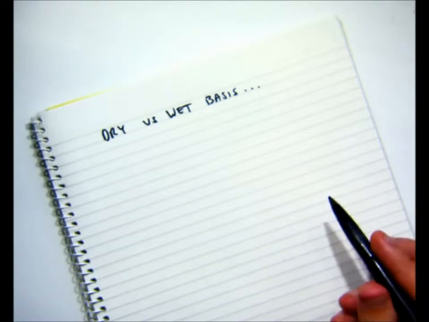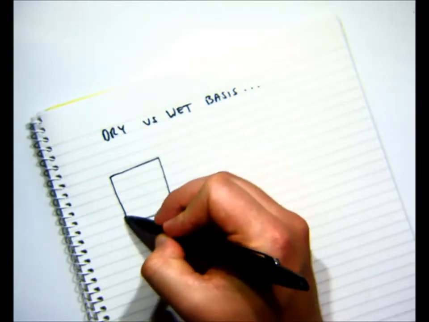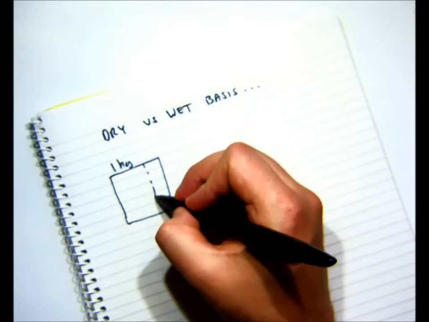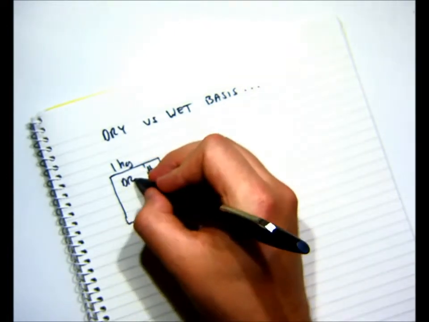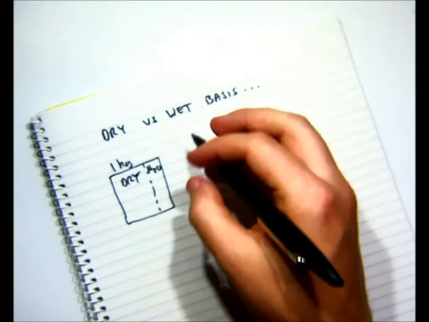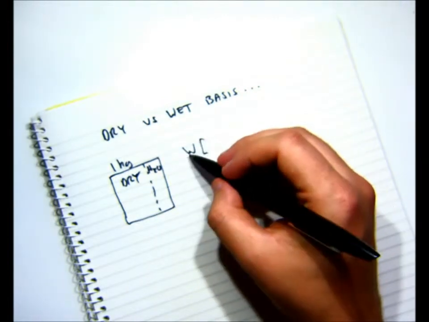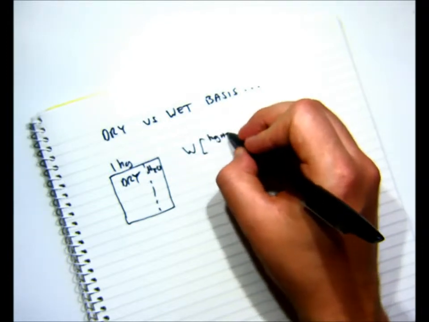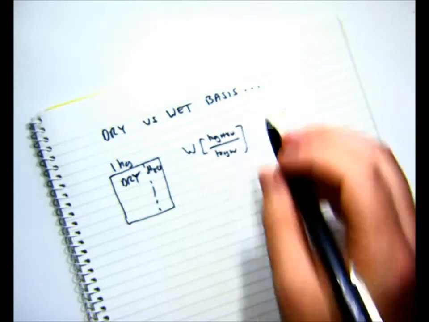So pretty much all biomass, if you have a look at 1 unit of it, no matter where you get it from, there'll be some amount of water and some amount of dry biomass. And we know from the tutorial this week and last week that this value W, which is called the moisture content, measures how much water in kilograms there is per kilogram of wet mixture.